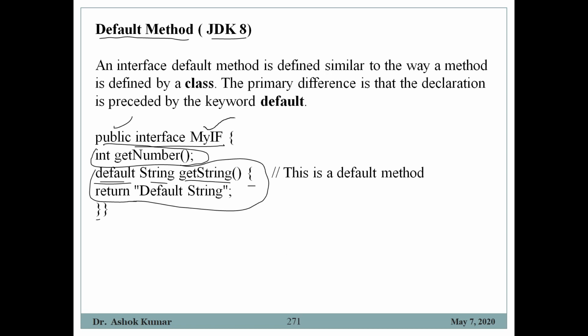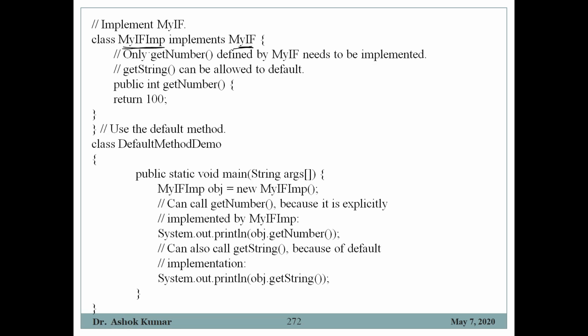It has one method, get number, that is declared, and one default method, get string. So in here what we are doing is we are adding one more. This is get number, that we are defining.